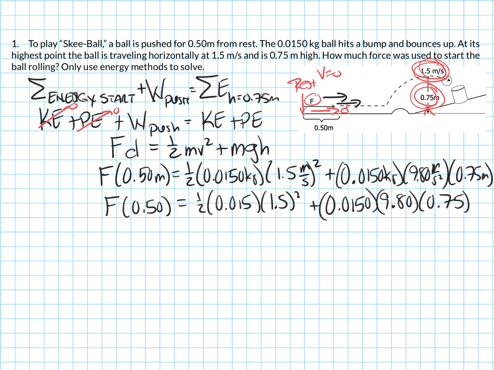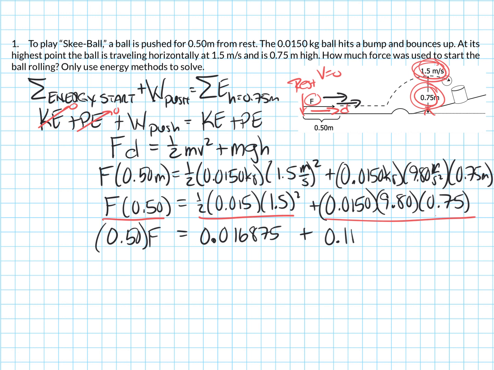So now I'm going to simplify my expressions. Remember, math expressions are separated by equal signs, pluses, and minuses. When I look at this, I can see I've got an expression over here, an expression here, and an expression there. The first one I really can't simplify. 0.50 times f equals, the first one on the right I can, and when I do the math, I get 0.016875 plus 0.11025.